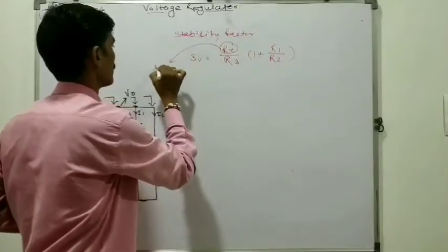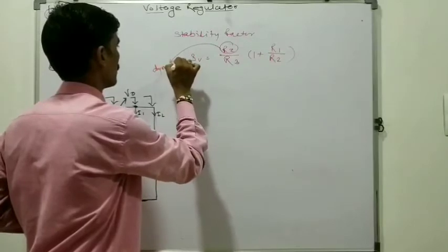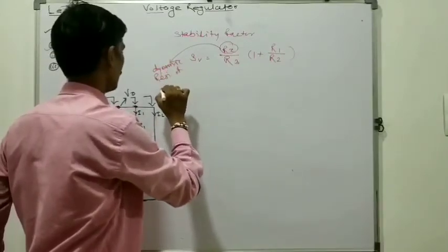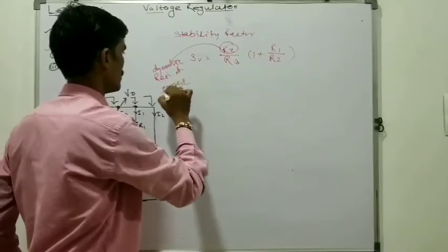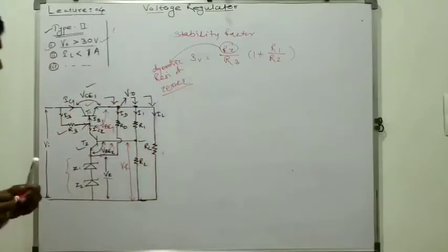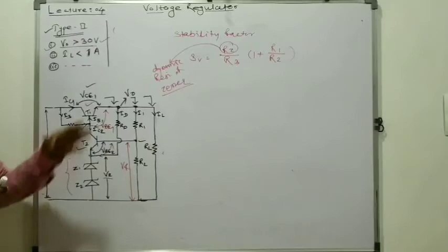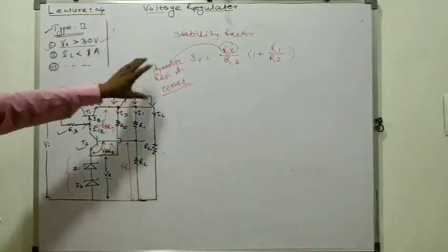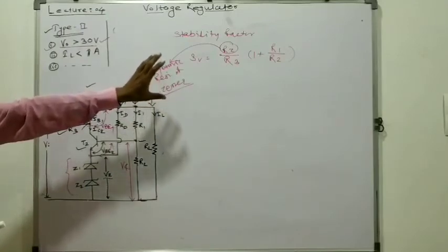resistance of Zener. Either it is given in the problem, that is dynamic resistance of Zener diode is 10, 5, whatever is given in the problem, we have to use that value.